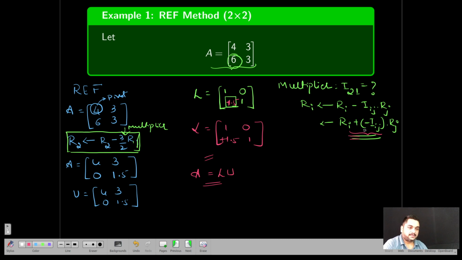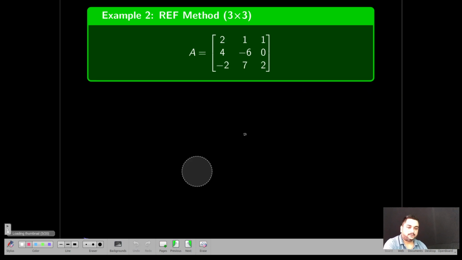If you solve by formula, Iij, the multiplier in my case, is equal to minus 3 by 2, so it becomes plus; Iij is equal to 1.5. Or whatever value is there, including the sign, you write it here and then change the sign. Both mean the same.